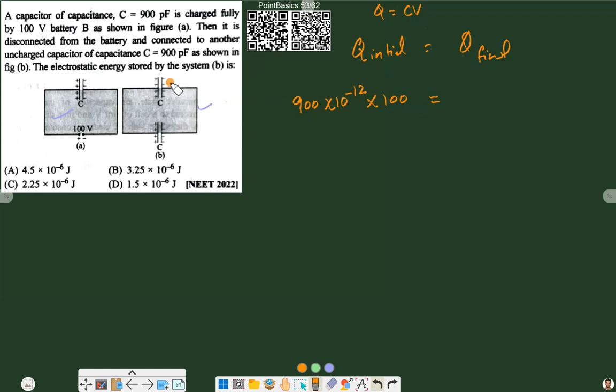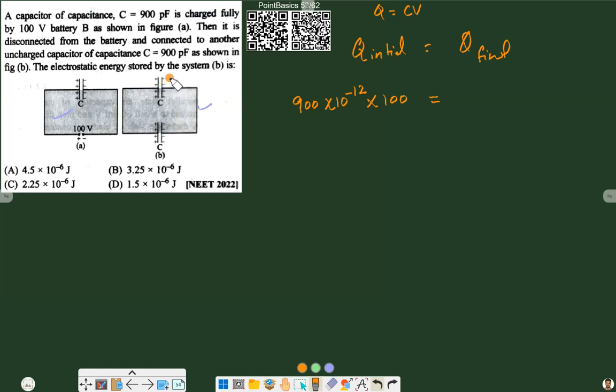Now suppose they are connected in parallel. So after connection, there will be redistribution of charge. There will be some current flowing in the circuit for some time, and after some time, potential of both of these capacitors will become equal, and there will be no further current.